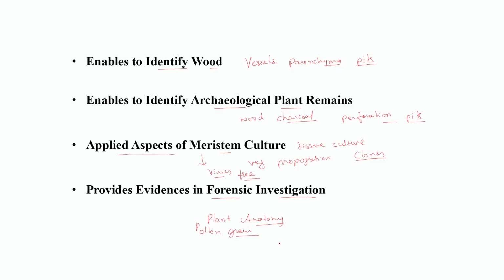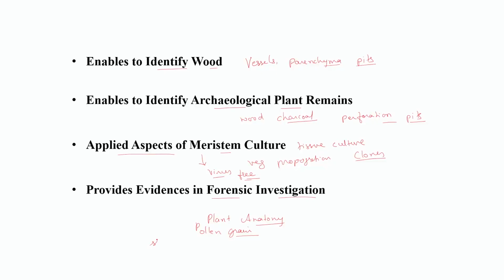Similarly, food particles in the stomach can be identified. If they have those anatomical features still intact, you can find out what the last meal was. Similarly, you can find out how long a body has been buried based on the fragments of plant parts which are there. You can also tell if it has been shifted from one place to another, if it is carrying fragments from one location to another.